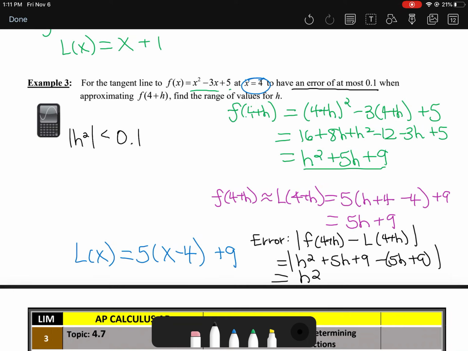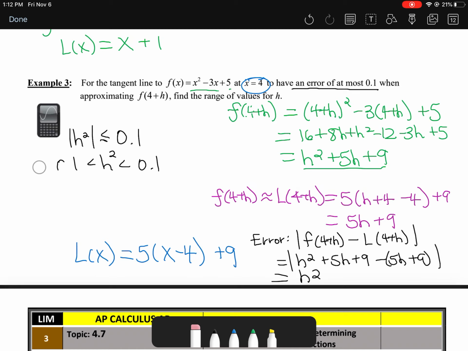Again, if I was looking at that, so that means to solve for that, I'm going to take the square root. Well, when I take the square root, remember absolute value, and this is less than or equal to, so I have negative 0.1 is less than h squared, which is less than 0.1.